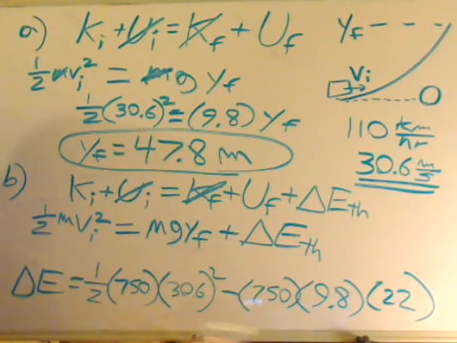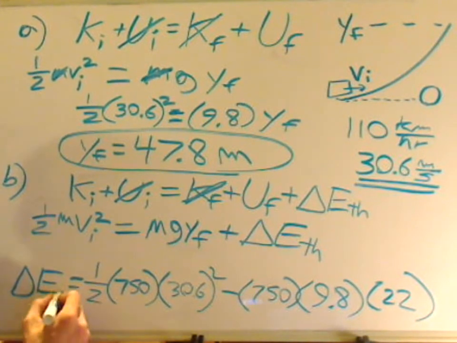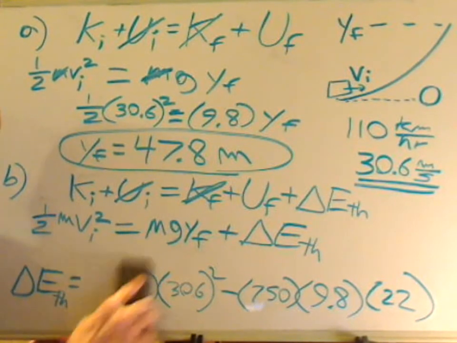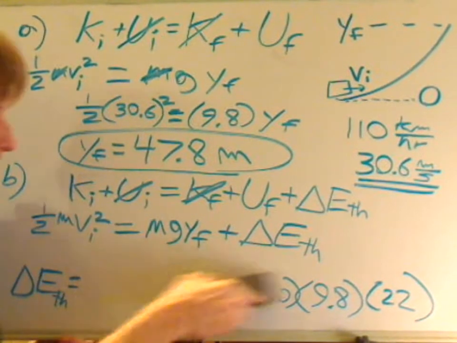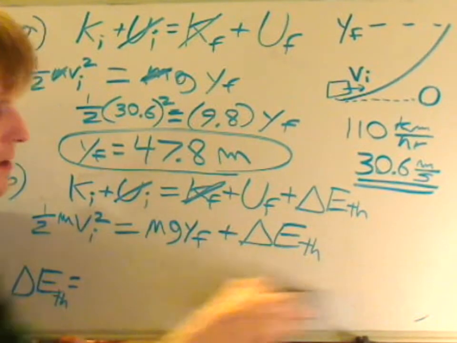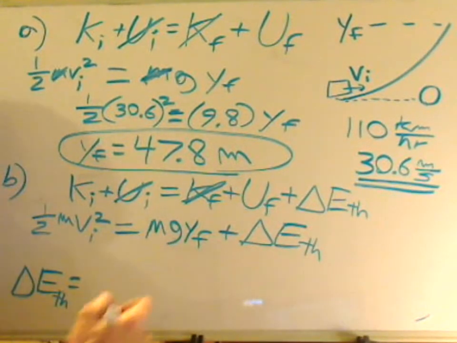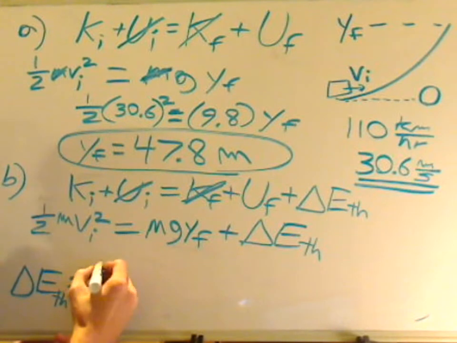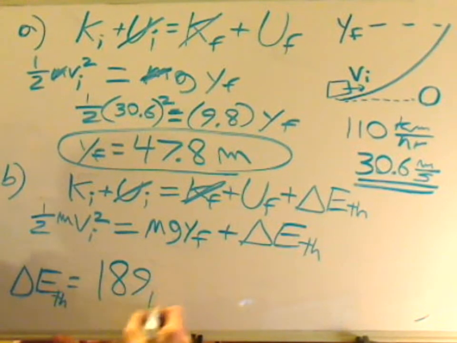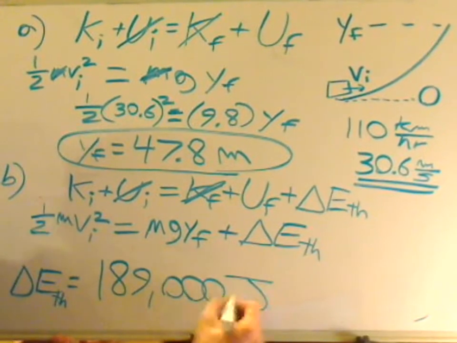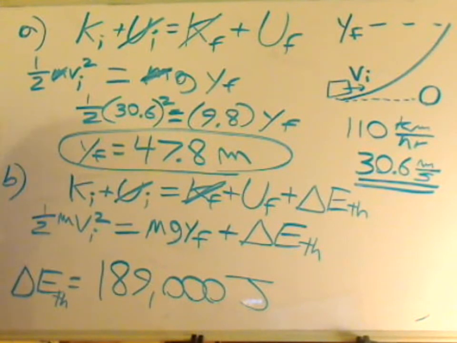So you do that calculation, and our change in thermal energy, in other words the energy released by friction, and I'm going to erase this because we need the space here, is 189,000 joules. So there's our energy released by friction.